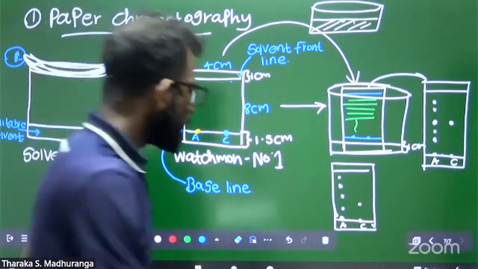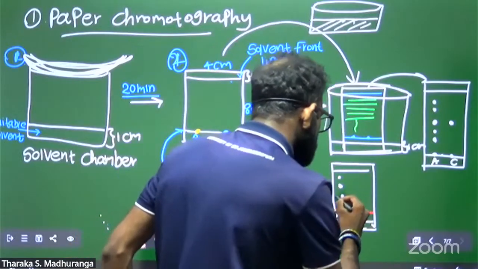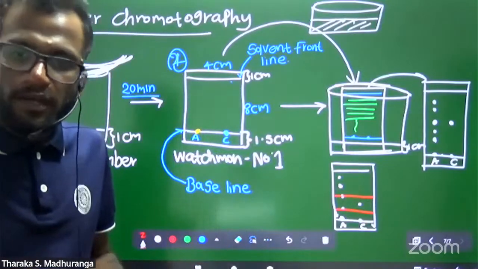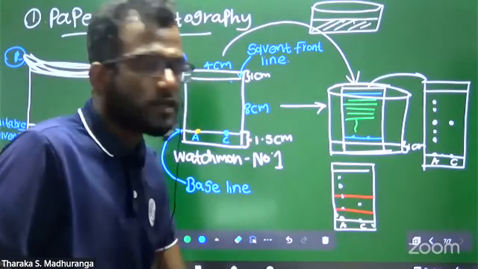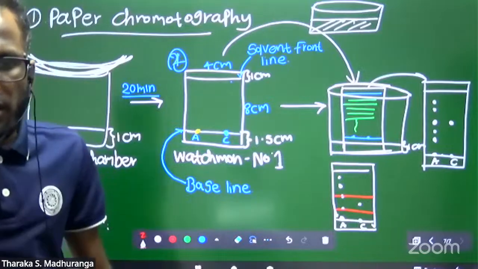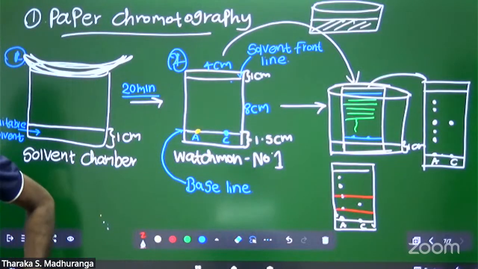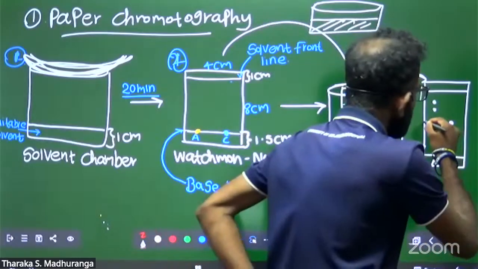Not present. Why? This is this point level, this is a midpoint, and no point is at the same distance as the C control sample. Therefore, it's not present in the crude product. Understood, Aman? But this one, it is on the same line.